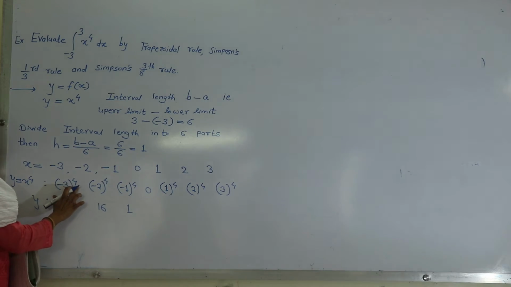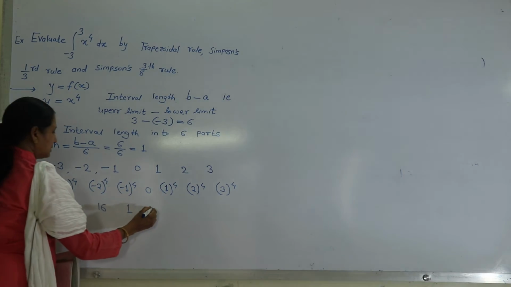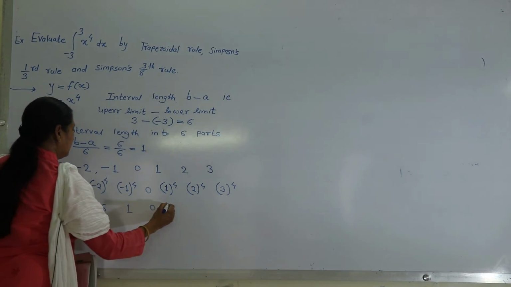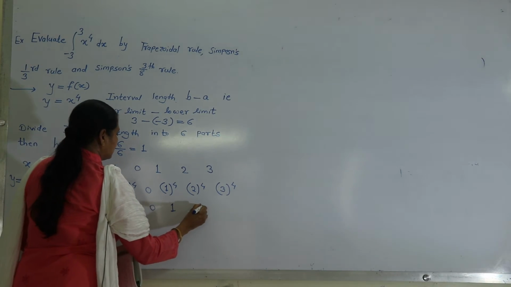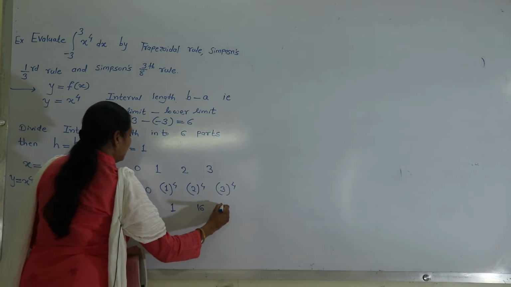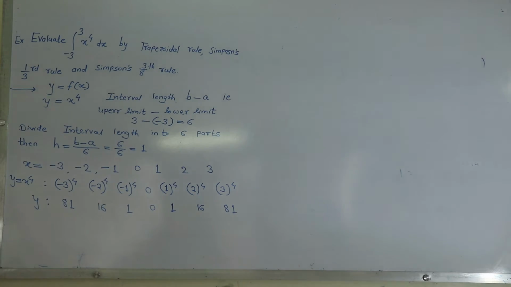When the power is even, even with a negative sign, the value should be positive. So if minus is there but the power is even, the values are positive. The next value is 0, 1 raised to 4 is 1, 2 raised to 4 is 16, and 3 raised to 4 is 81. These are the values of y.